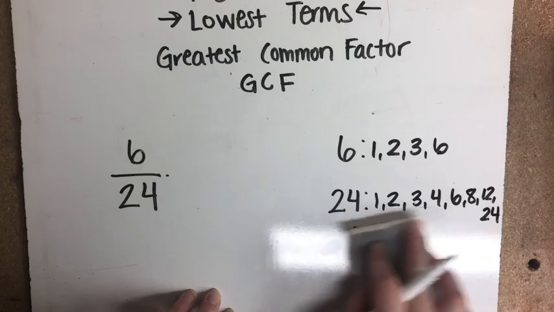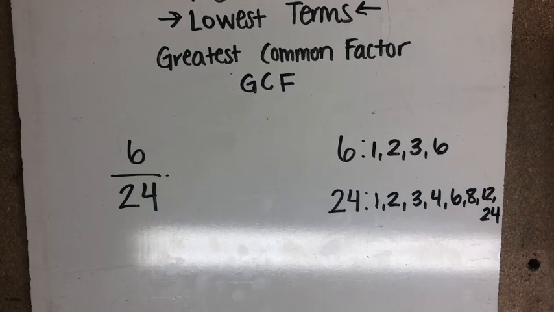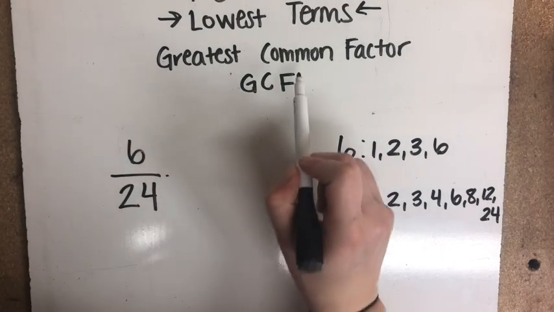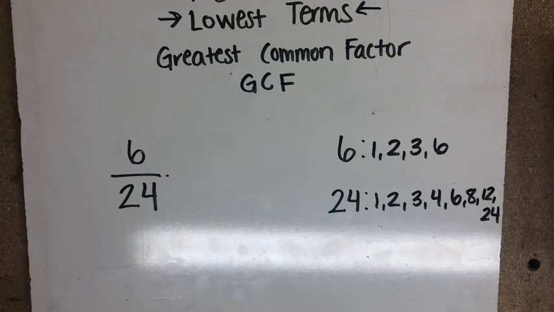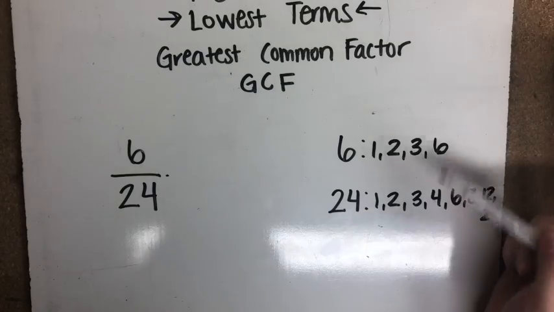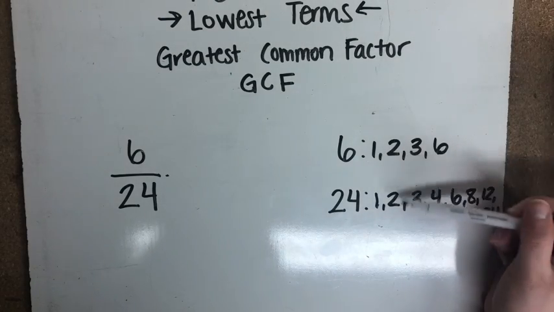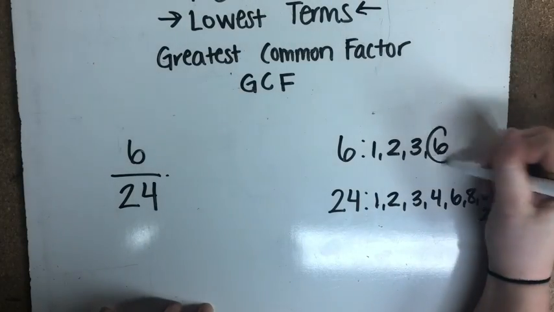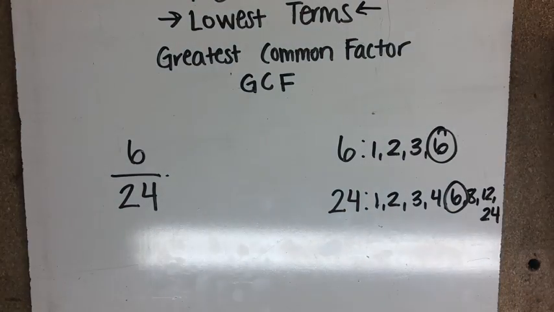All right, let's erase the extra stuff. Now I need to look at these two lists and find the greatest common factor, the biggest number that they have in common. I can see that they have a lot of numbers in common, but remember you're looking for the biggest one. So the biggest one is 6.